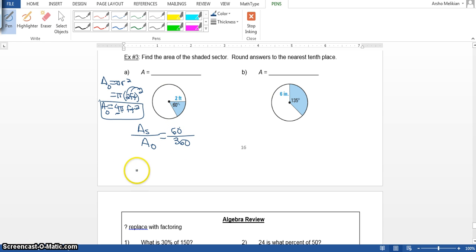Now, the area of the sector is what I want to find. Over 4 pi is equal to 60 over 360. So I have area of the sector times 360 is equal to 4 pi times 60.